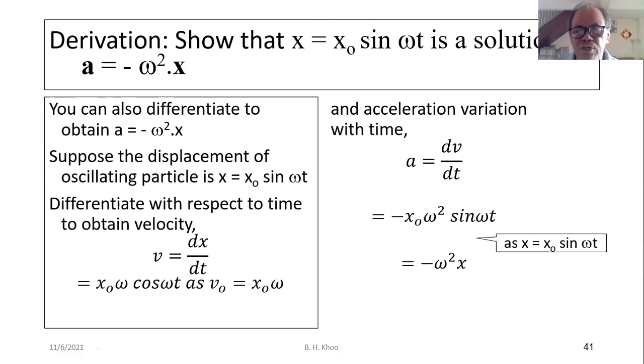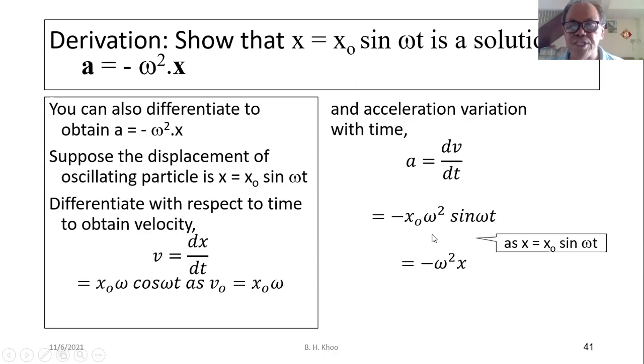You don't have much time already anyway. You have to digest it yourself. If you don't understand the derivation, go back and think about it. It's very straightforward. We just derive this equation. Differentiate that, dx/dt, we get that one. Then after that, we differentiate dv/dt.